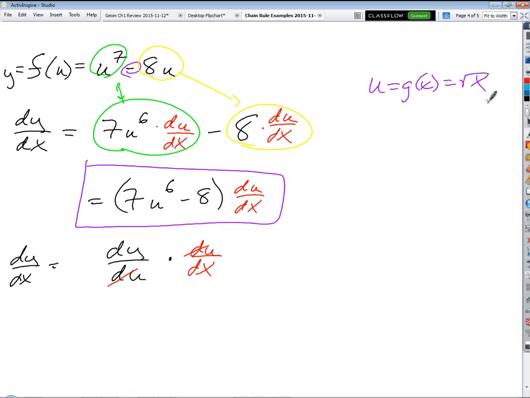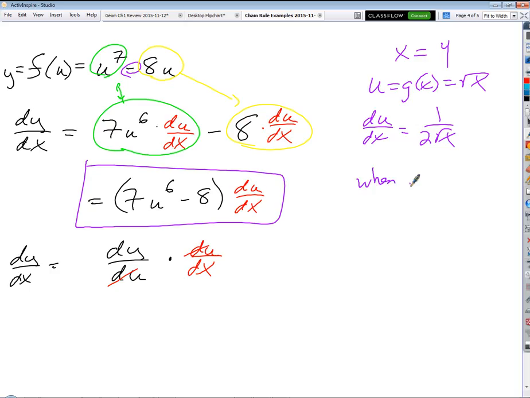Right? So if u equals the square root of x, then du dx equals what? Would you agree it's just 1 over 2 times the square root of x? And what if they told us furthermore that we're going to evaluate this when x equals 4? Then we would plug in the 4. So what would the value of u be?